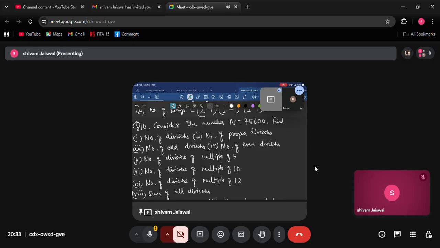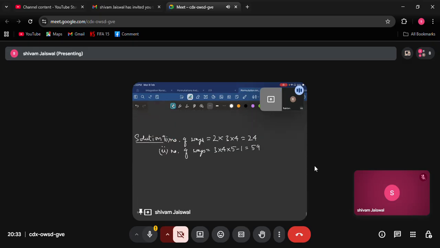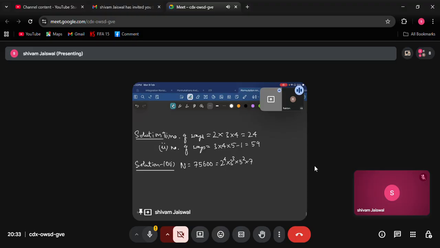Raktim, pay attention. Number of divisors. Okay. So first of all, what you do is you factorize 75600. So Raktim, did you factorize? What is the factorization I want to know? So I'm getting 2 to the power 4 into 3 to the power 3 into 5 square into 7. Okay. Now consider that there are 4 shops.